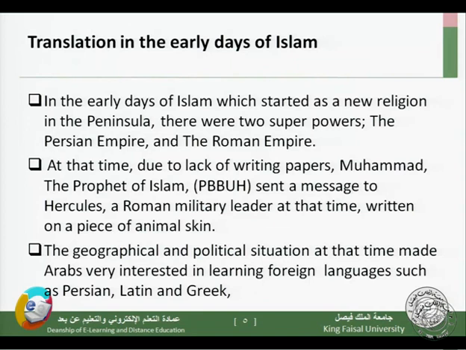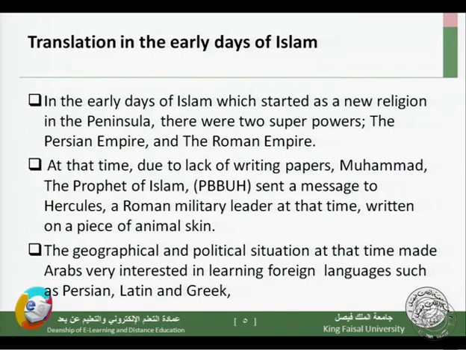And due to the lack of writing paper, for example, Muhammad sallallahu alaihi wasallam, the Prophet of Islam, Allahumma salli alayka ya Rasulullah, sent a message to Hercules, a Roman military leader at that time, written on a piece of animal skin. Now, this is an example of how they communicated with the Romans.